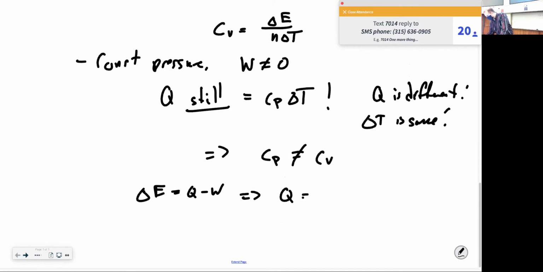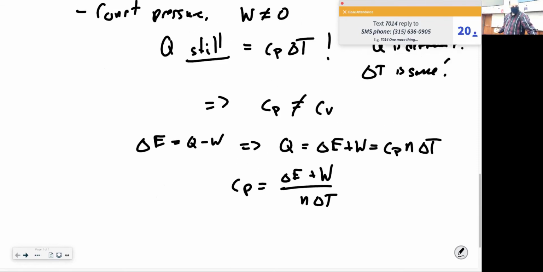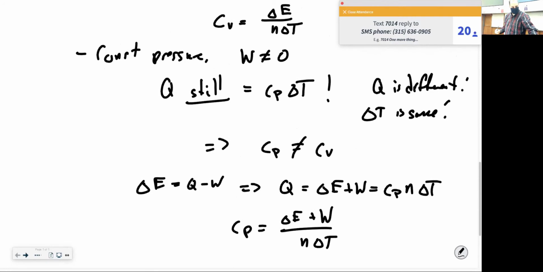Therefore, Q was really delta E plus W, and that must be equal to Cp N delta T. Solving this for Cp, we get Cp equals delta E plus W, divided by N delta T, which is similar to, but not exactly the same as the thing we got for Cv.